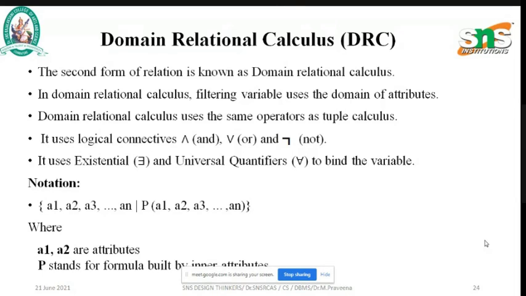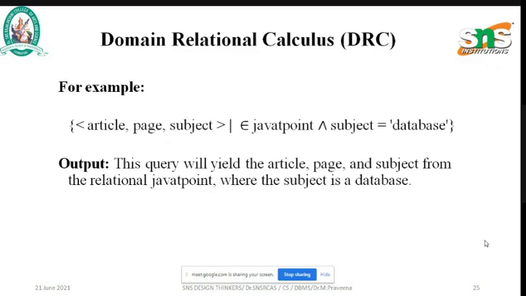We are using these quantifiers. The notation used is {<A1, A2> | P(A1, A2)}, where A1, A2 are the attributes and P(A1, A2) is the formula built by the inner attributes. This is an example for domain relational calculus. Here you see article, page, and subject.